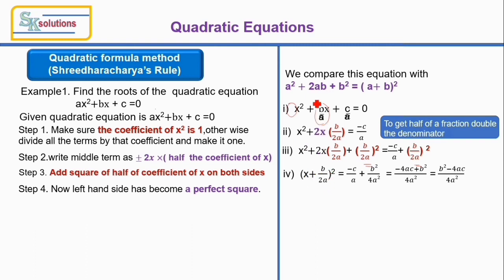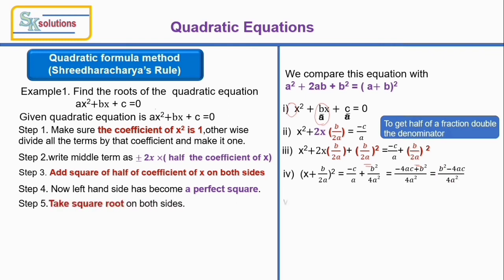If you use a plus b the whole square in this bracket, you are going to get x square plus 2x into b by 2a plus b by 2a the whole square. On the right hand side, minus c by a plus b square by 4a square. On taking LCM, the LCM is 4a square, we get minus 4ac plus b square, which is the same as b square minus 4ac divided by 4a square.